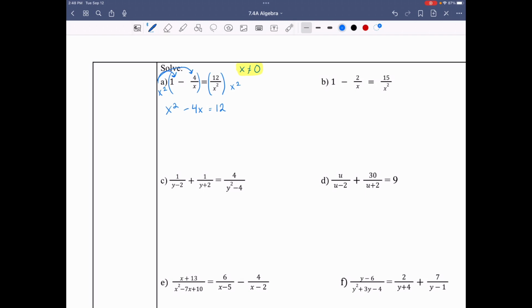Okay, so then we have x squared minus 4x minus 12 equals 0, right? So we multiplied by the LCD, we factored, oh no, we didn't factor, sorry. We set equal to 0.